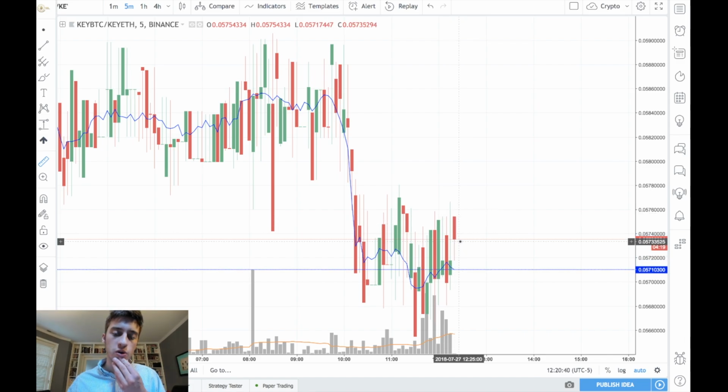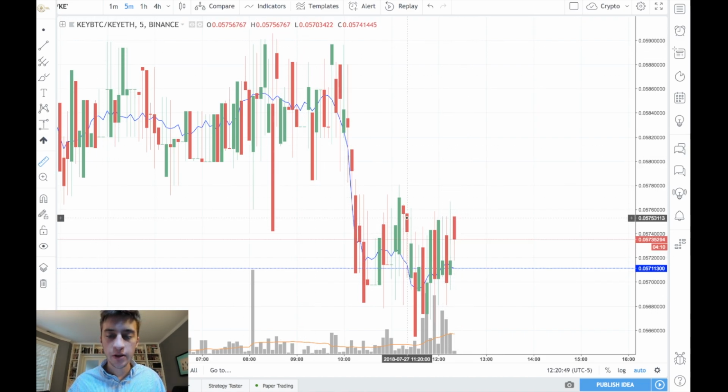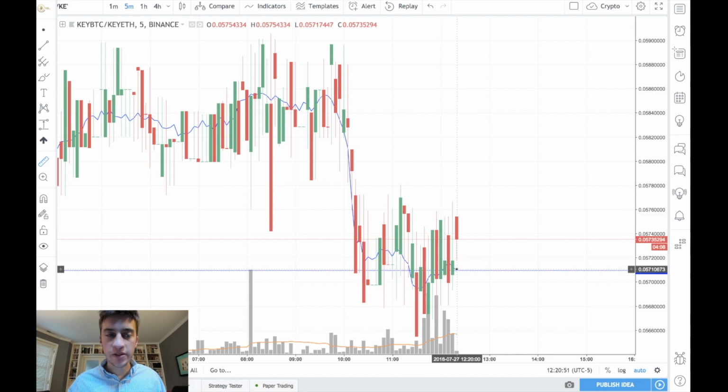So here we would want ETH BTC to continue to fall if we were to try to arbitrage this opportunity where we were buying KEY ETH. If we believe that ETH BTC is going to continue to fall, or just remain static and sideways, let's go take a look at buying KEY ETH.